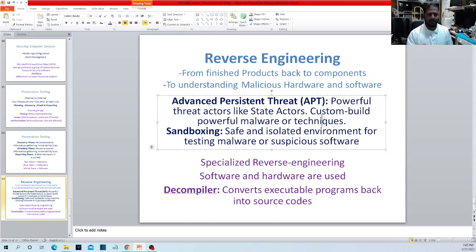They have the time, resources, and the expertise to make very sophisticated kinds of threats, kinds of malware, kinds of techniques that they devise to hack very highly secured opponent systems. They are called advanced persistent threat. Those actors are called the threat. Okay. Now, what is sandboxing?